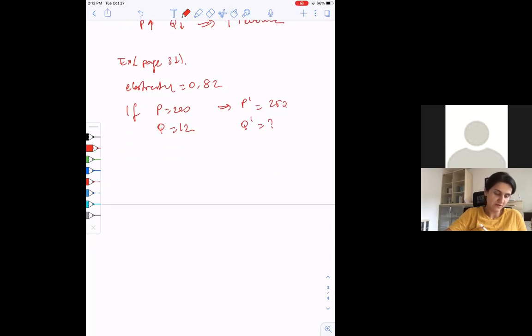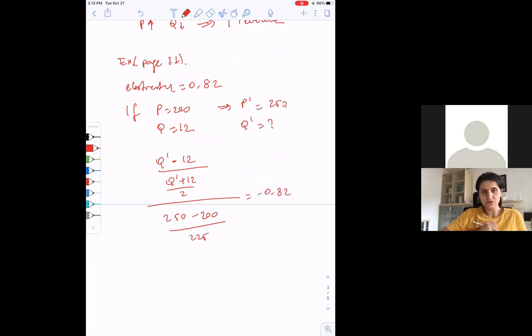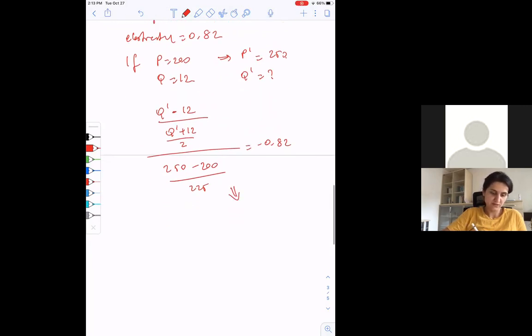Again with the same formula, Q prime minus 12 divided by Q prime plus 12 over 2, which is the midpoint formula, divided by the midpoint percentage change in P, 250 minus 200, should be equal to minus 0.82. From here, you are going to find Q prime as 10.